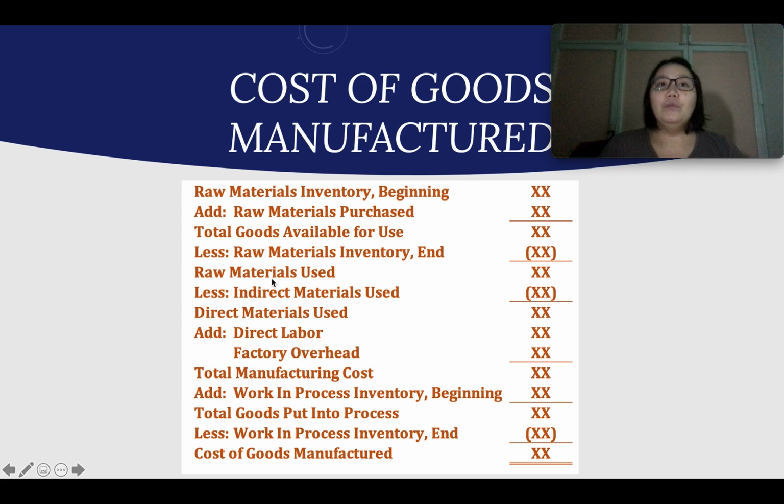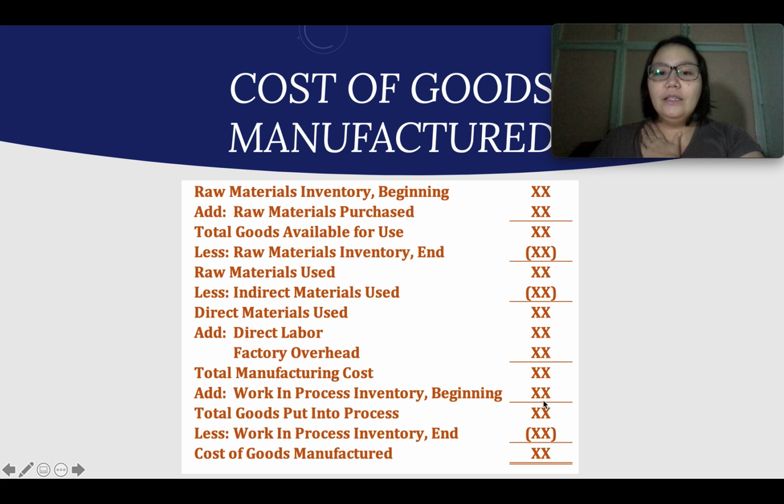Now, what we want to do is to separate the direct materials from the indirect materials. So we will deduct the indirect materials used from the total raw materials used in order to get the direct materials used. And then we'll add the direct labor and factory overhead so that we can get the total manufacturing cost.